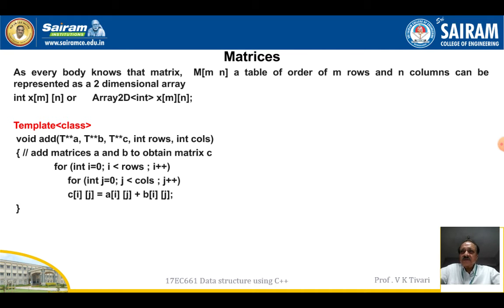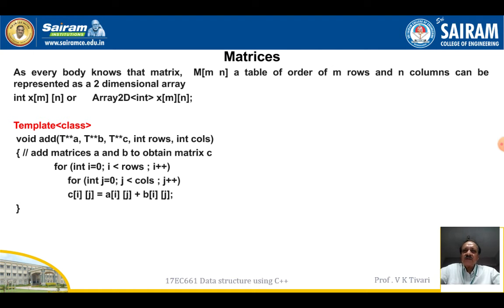Void add, template pointers a, template pointers b, template pointers c, integer rows and integer columns are defined, where it is encapsulated in the brackets. Add matrices a and b to obtain matrix c.